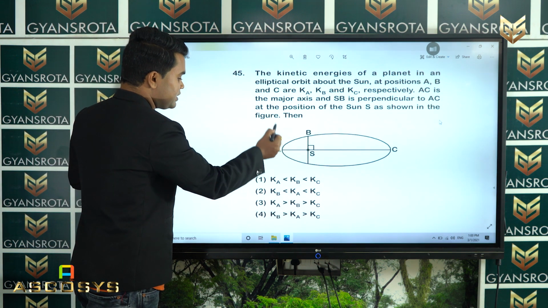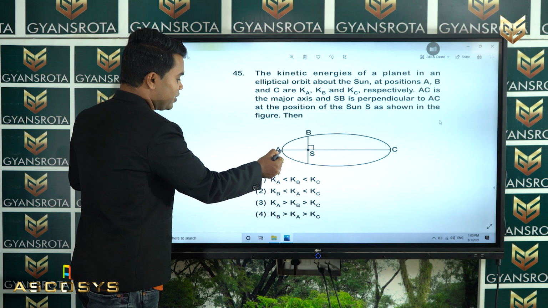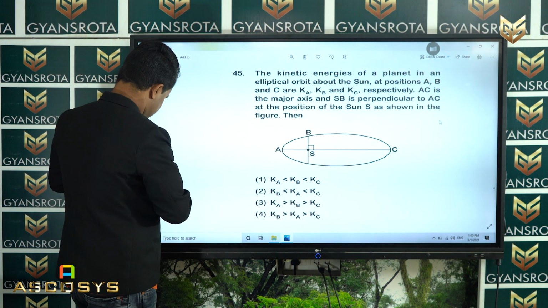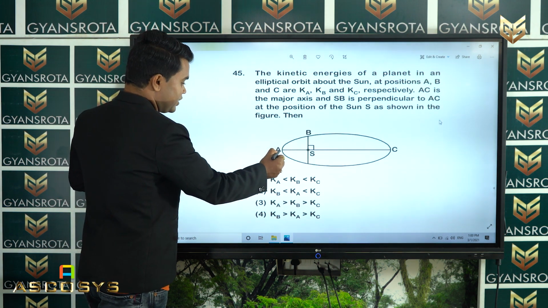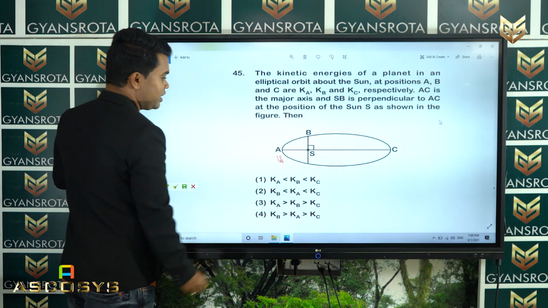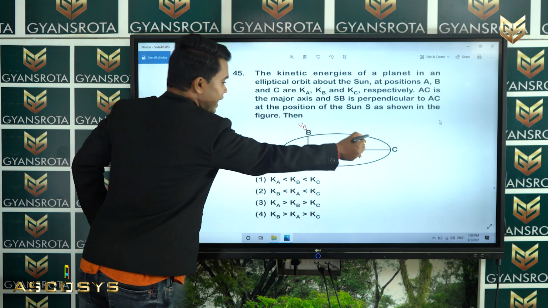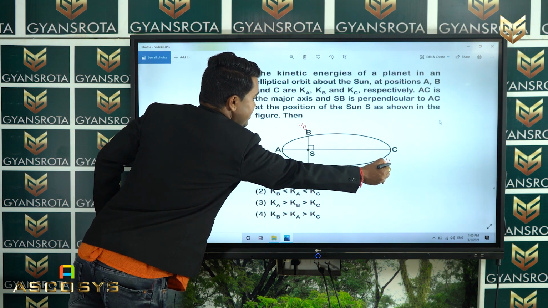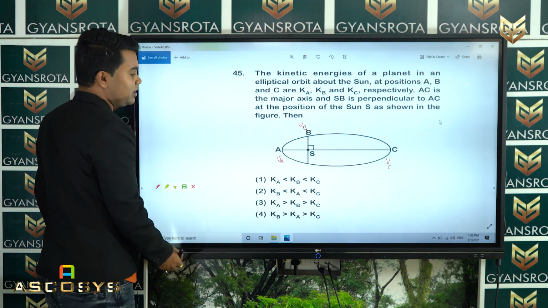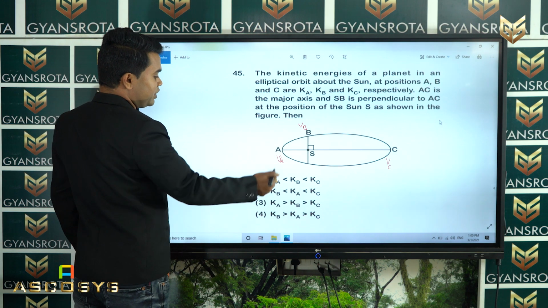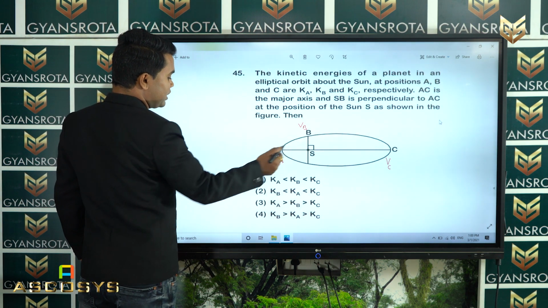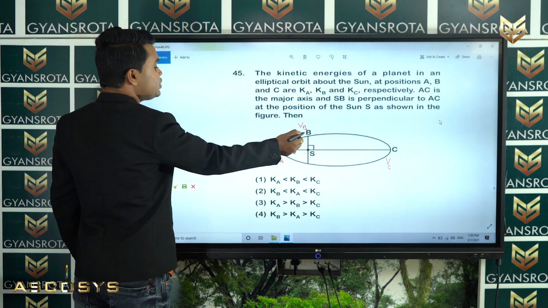Suppose this is A; if I take out the pen, let us consider the velocity out here is VA, this one's velocity when the planet was here VB, and at position C it is VC. Now if you can see the diagram, the ones which are closer to the sun are VA and VB, these 2 points.